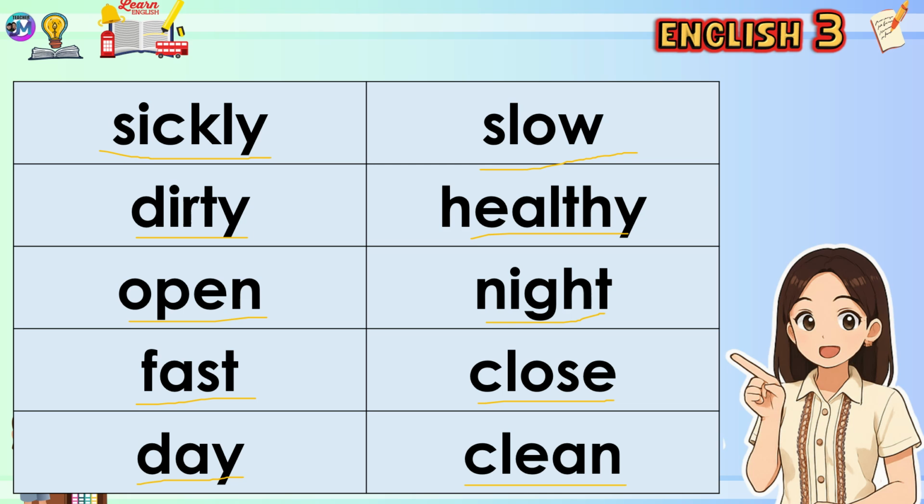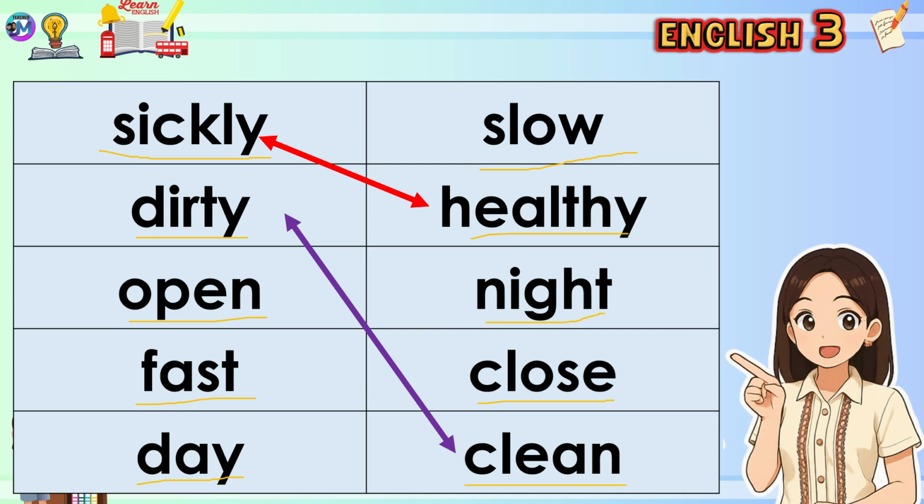Now, let's find the opposites of each word. The opposite of sickly is, great job, it's healthy. How about dirty? Awesome. The opposite of dirty is clean. How about open?